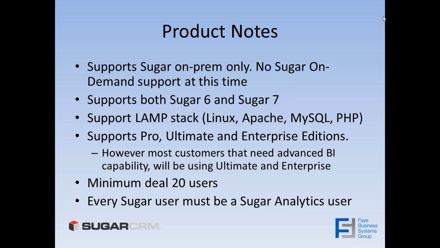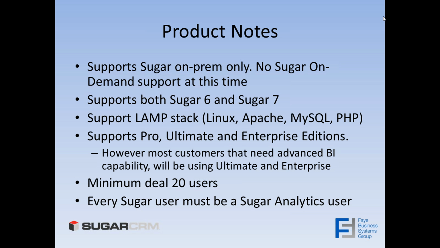There is a minimum deal size. It's part of our contractual obligation to IBM in using the Cognos technology, and that minimum deal is 20 users. And also, the way the licensing works is that every Sugar user must be a Sugar Analytics user. So what that means is if you've got 200 seats of Sugar, then you've got to purchase 200 users worth of Sugar Analytics. And there's really 2 reasons for that.